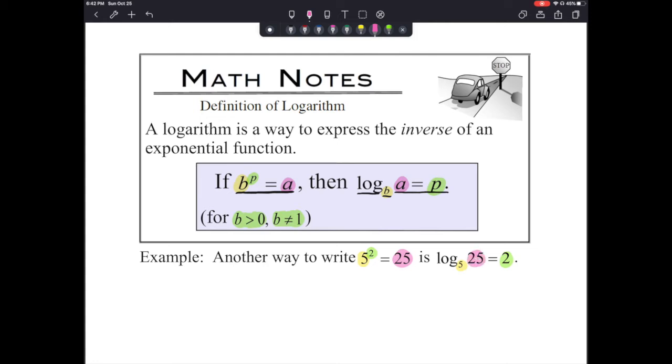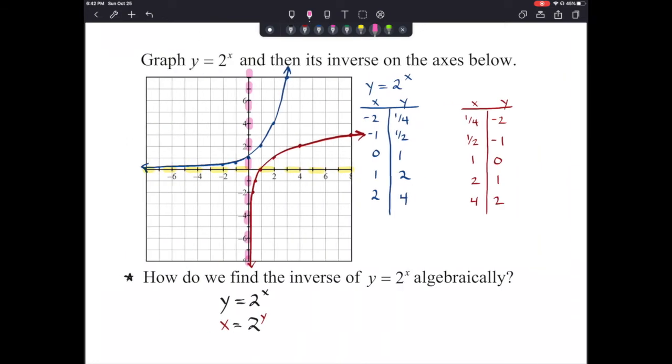So when we jump back a slide, let's finish this statement. If I have x is equal to 2 to the power of y, and I want to rewrite it to get my y by itself, we're going to say this is the same thing as log. Remember, our base is 2, which means we're going to have a log base of 2. And then we'll say of blank, right?